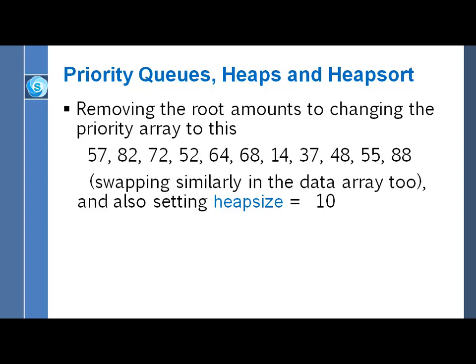After decrementing heap size, it's effectively as if the 88 is no longer there, because now the heap only consists of 10 things, and so there are only 10 priorities.